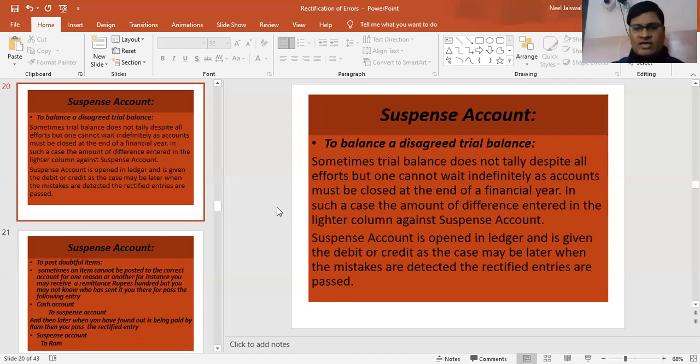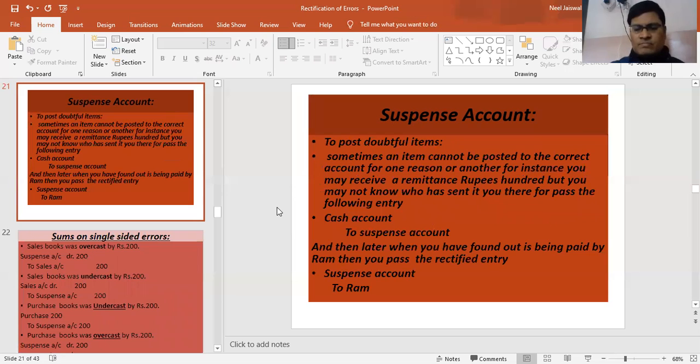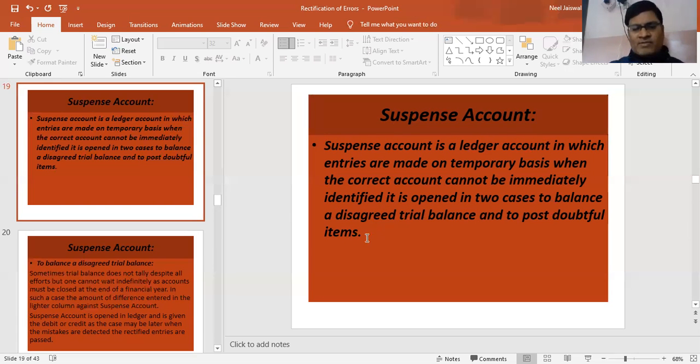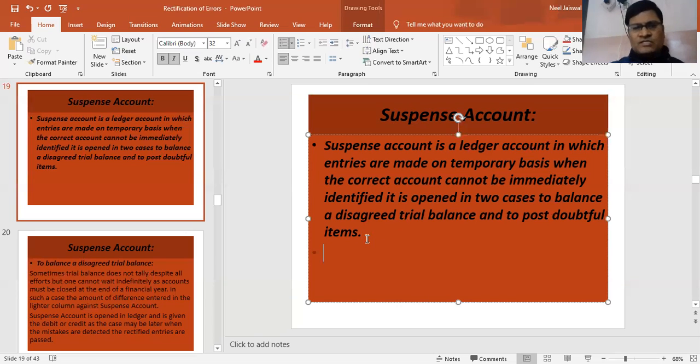Okay. Now, one more thing I'll be adding over here, students: the debit balance of suspense will go in the balance sheet, asset side.